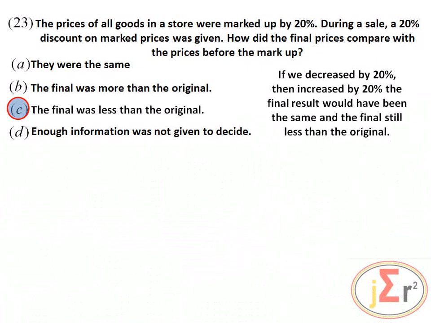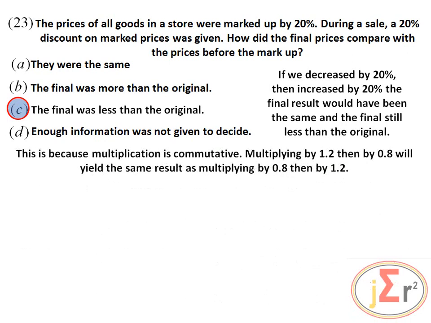If we decreased by 20%, then increased by 20%, the final result would have been the same, and the final still less than the original. So then, whether we increase by 20%, then decrease by 20%, or the other way around, the answer will be the same. Why? This is because multiplication is commutative.